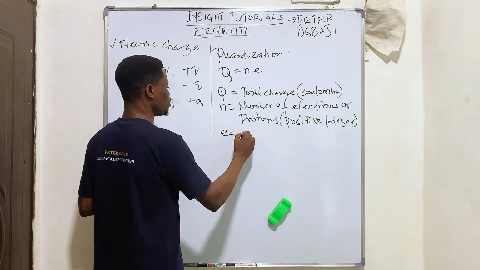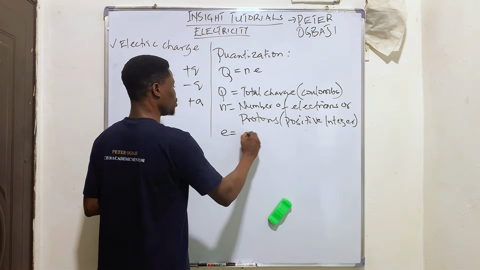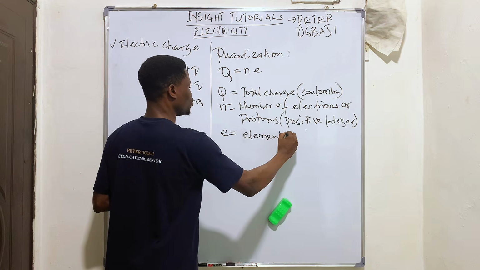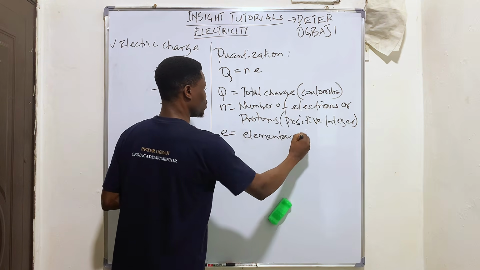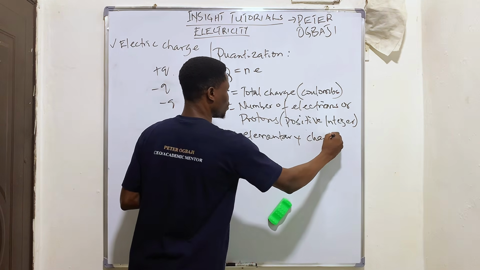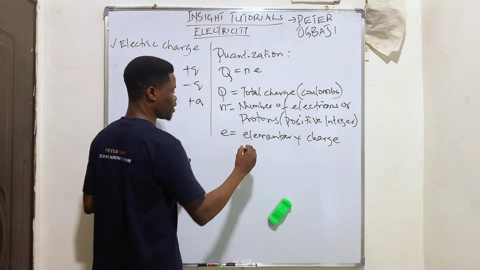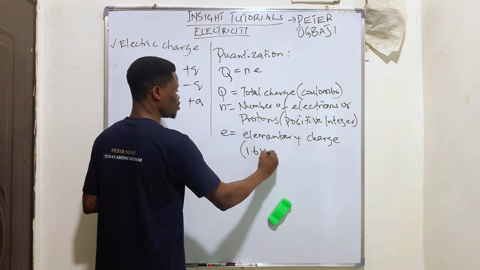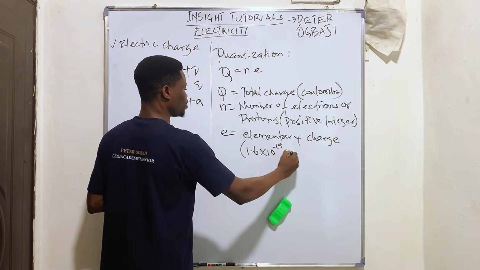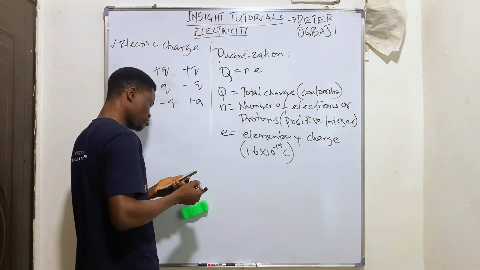And E is the elementary charge, which has a constant value of 1.6 times 10 to the power of minus 19 coulomb.